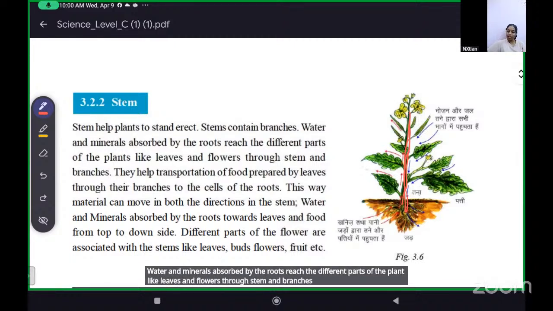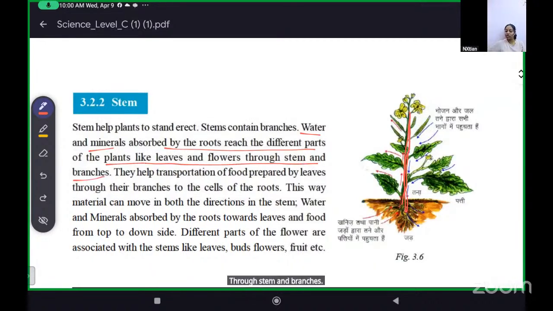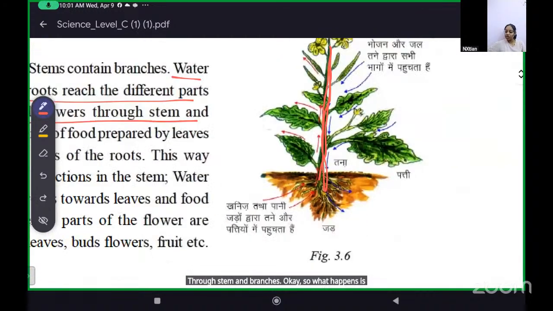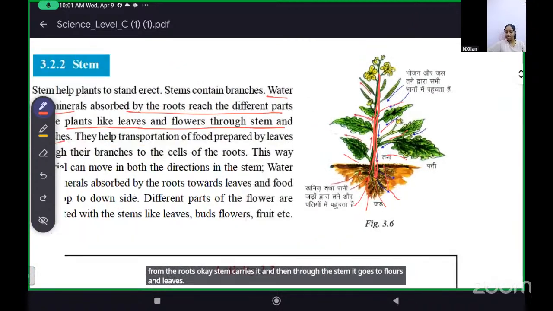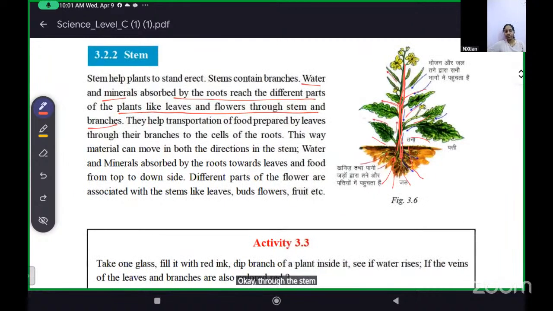The stem carries it to flowers and leaves.